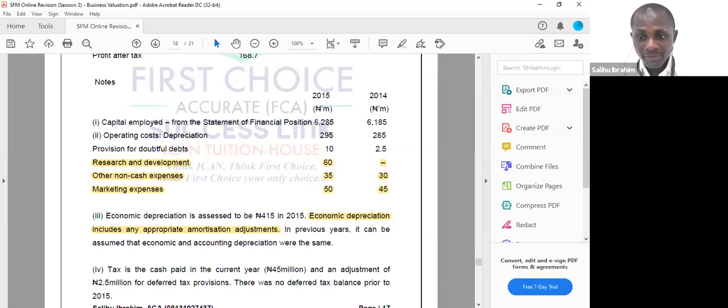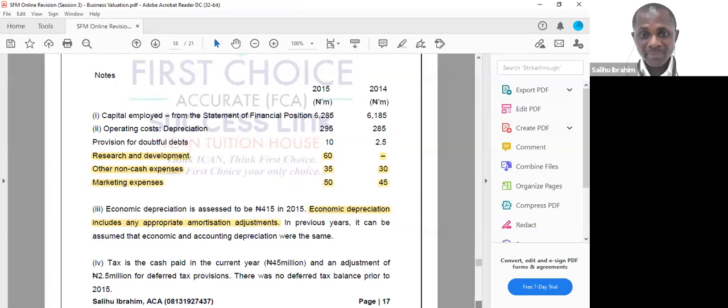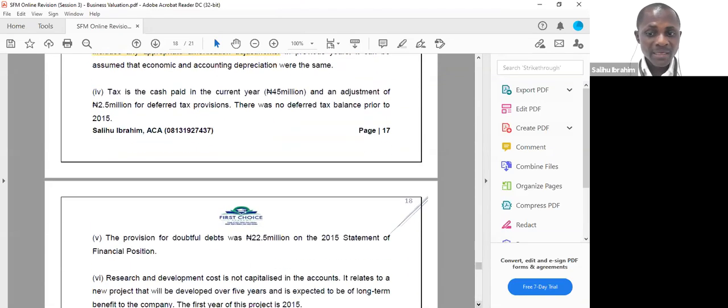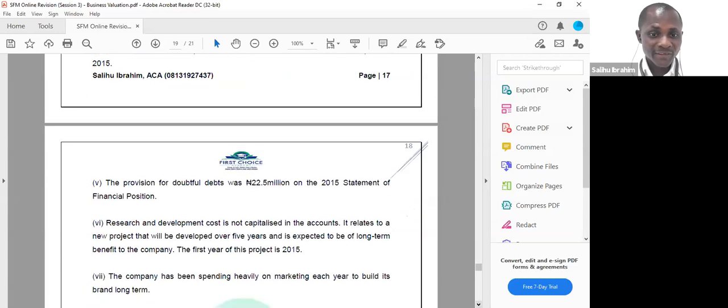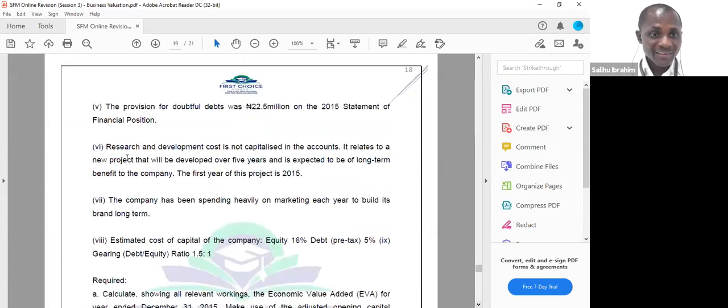Do you understand? So come and see here. If the question did not tell me that economic depreciation includes appropriate amortization, this is what I would have done. The question says research and development cost is not capitalized in the account. It relates to a new project that will be developed over 5 years, and it is expected to be of long-term benefit to the company.